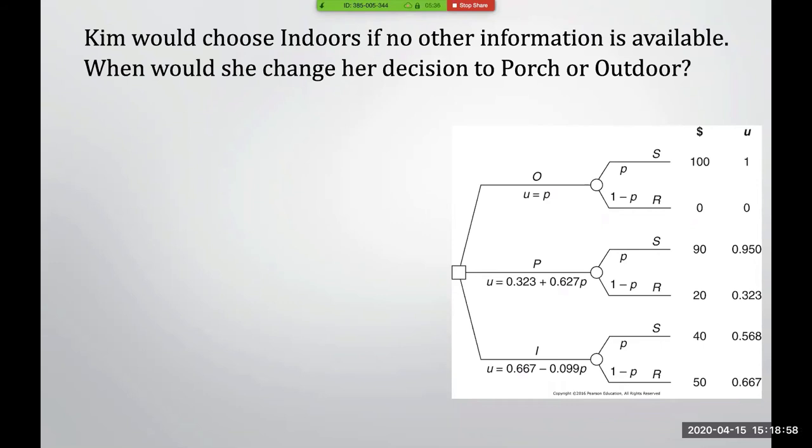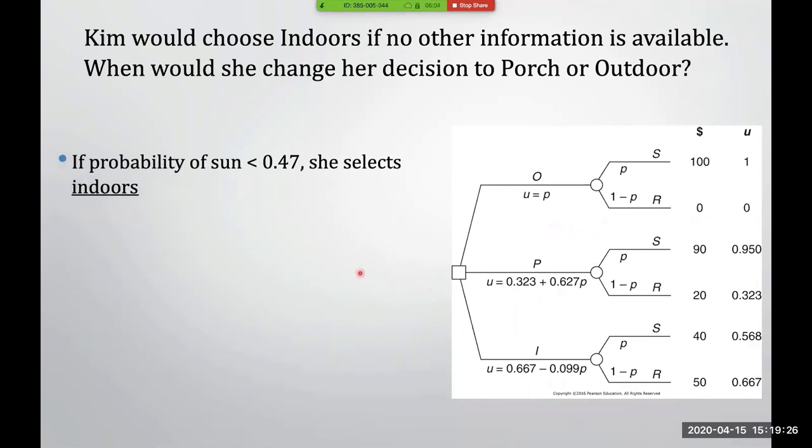Okay. Now the question is, what kind of probability on sunny or rainy would change Kim's decision to a porch party or even to an outdoor party? That is the question we're trying to answer on this slide.